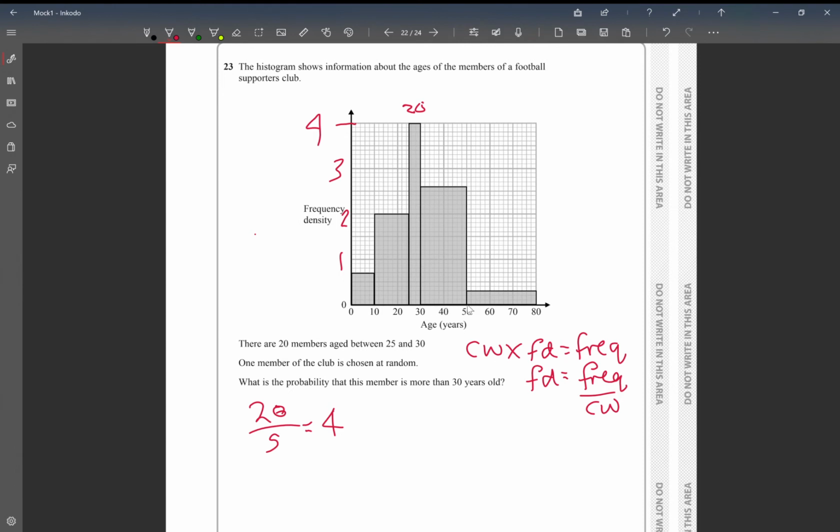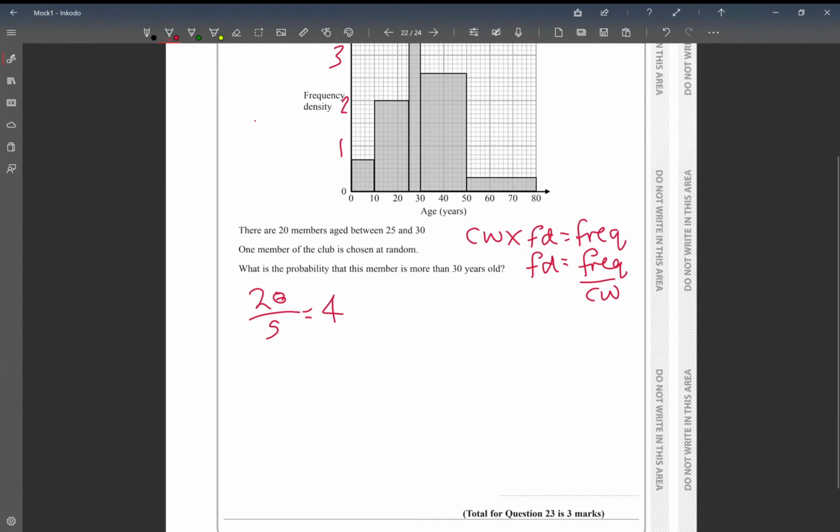So it's 20 across times 2.6. Then 30 to 50, it's 20 across times 2.6. Okay, work that out shortly.